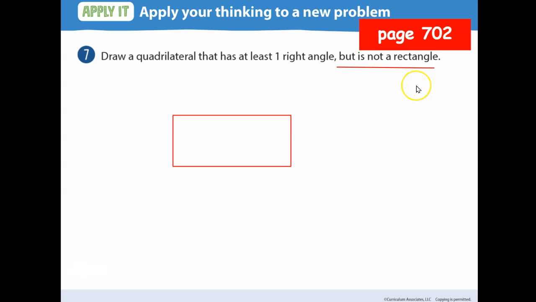That's a rectangle. So is that one. So is that one. Don't draw a square. I only need at least one right angle. It could be more than that, but at least one.